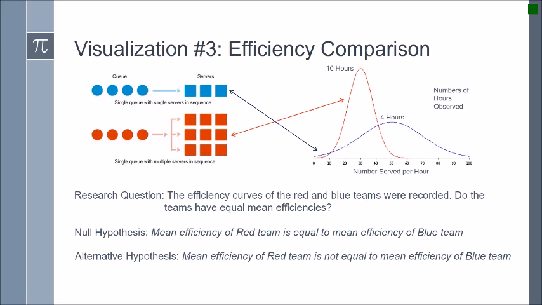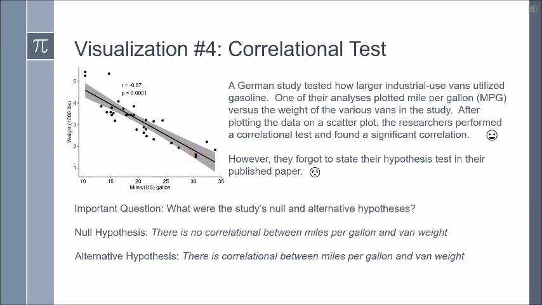Moving on to the fourth visualization. So we come to the last visualization, correlational test. Here they have given a data. A German study tested how larger industrial use vans utilize gasoline. One of their analyses plotted miles per gallon versus the weight of the various vans in the study.